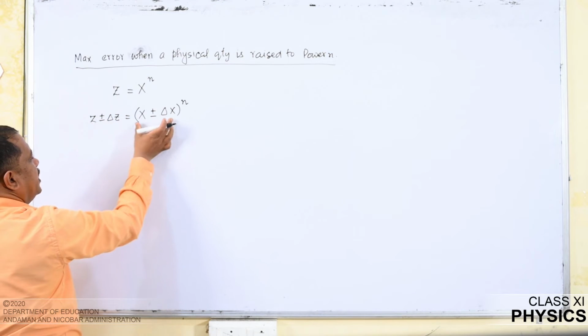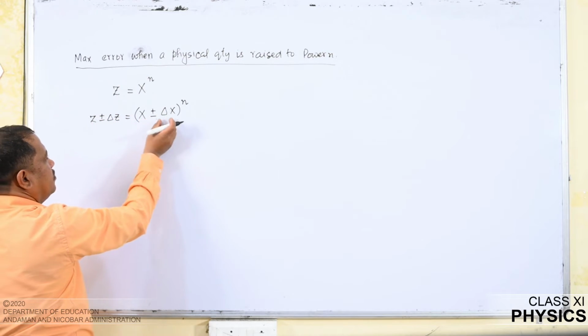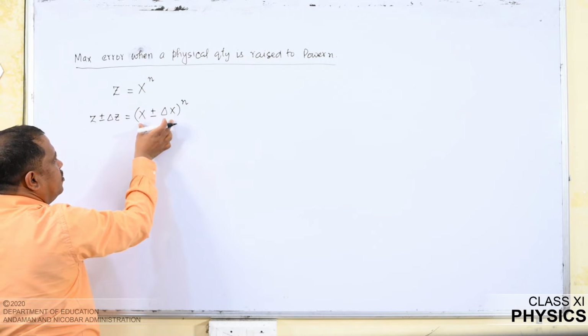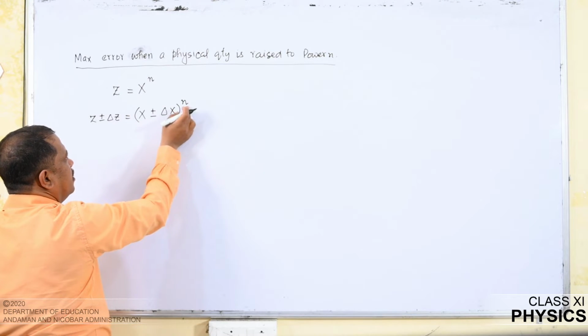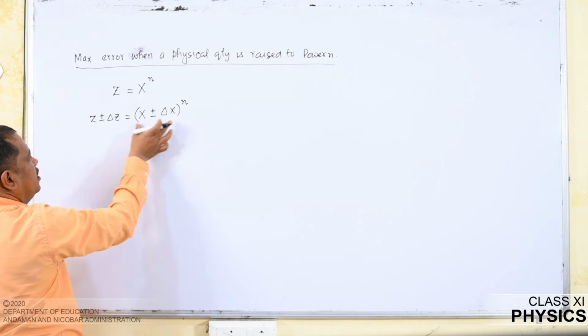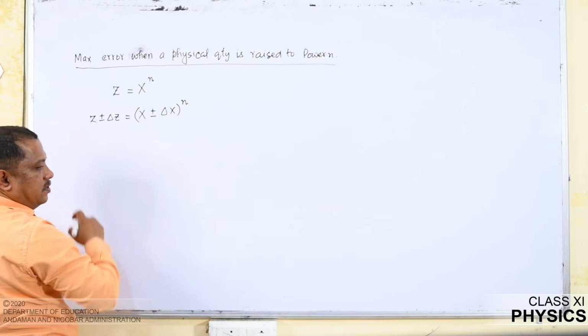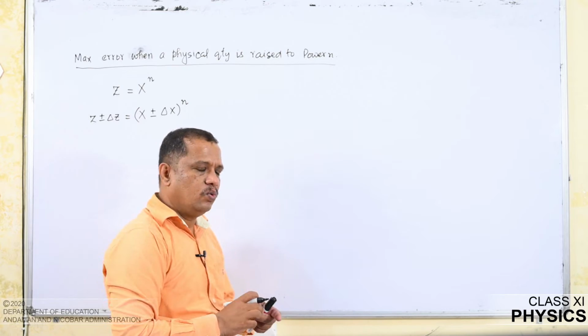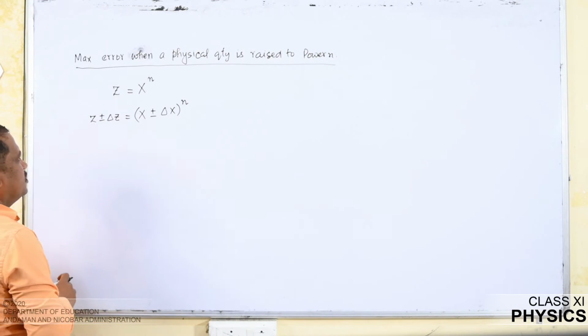In the sense, when I observe the physical quantity, I have some error, and if I raise this measured physical quantity to power n, in the result I am going to have this much error, and I want to calculate what will be the maximum error present in it.